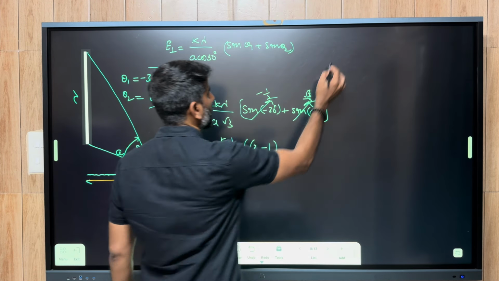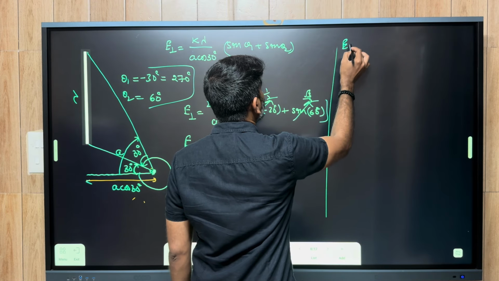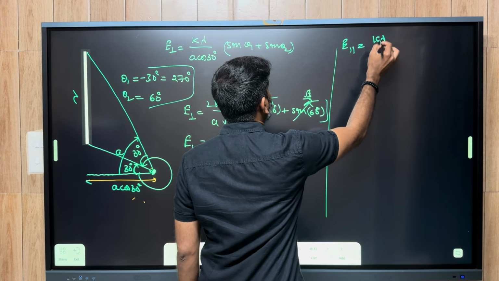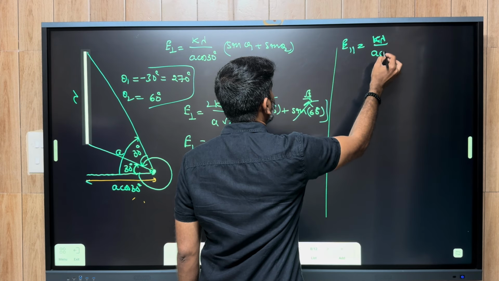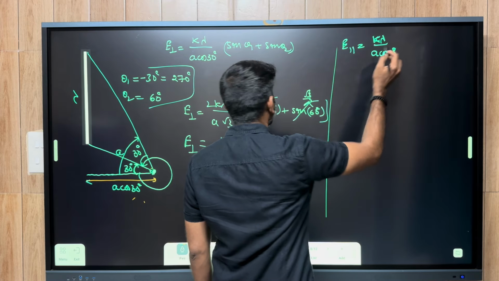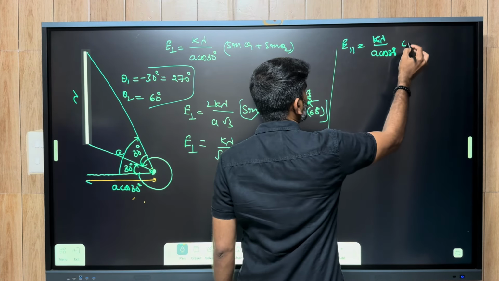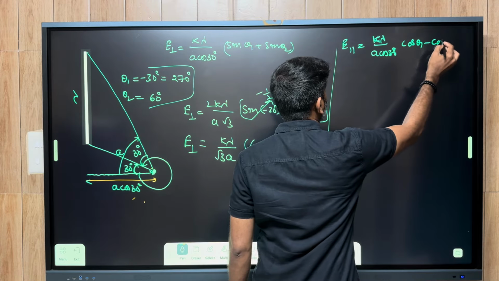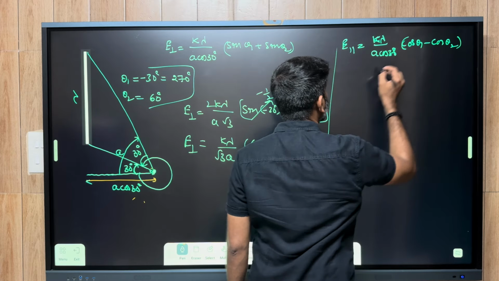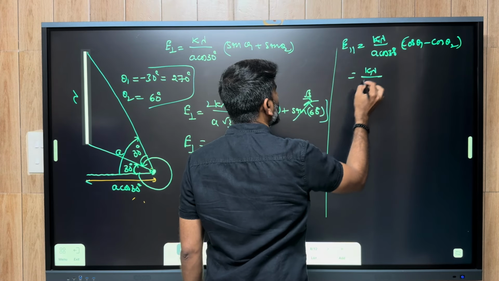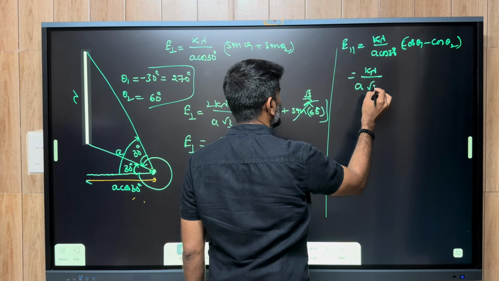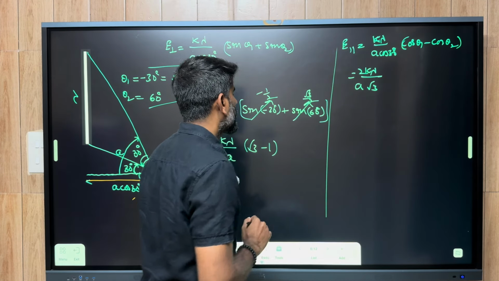Similarly, we can find E parallel as well. So E parallel is equal to K lambda by a cos 30 degrees into cos theta 1 minus cos theta 2, right? So K lambda by a cos 30 is root 3 by 2.